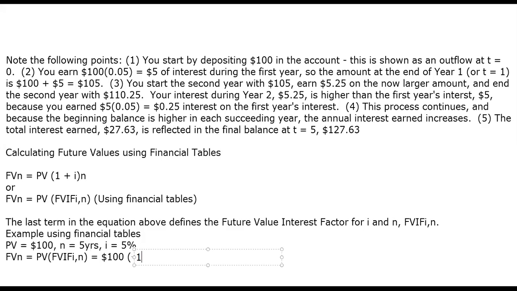So you replace the FVIF with 1.276. All right. Good. Then you'll be equal now to $127.63.